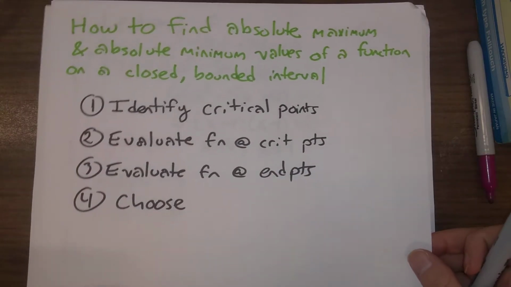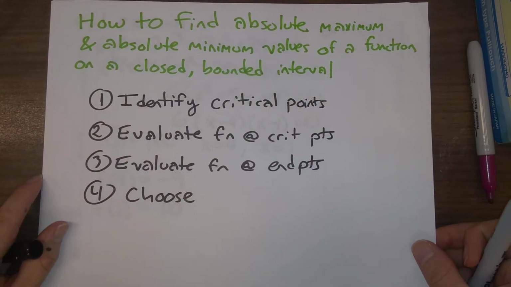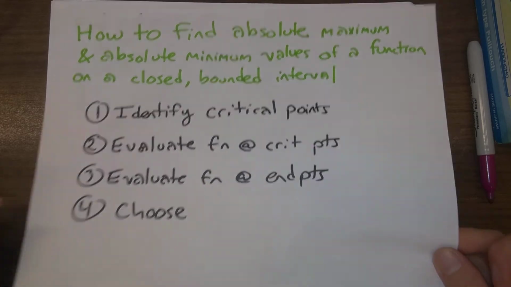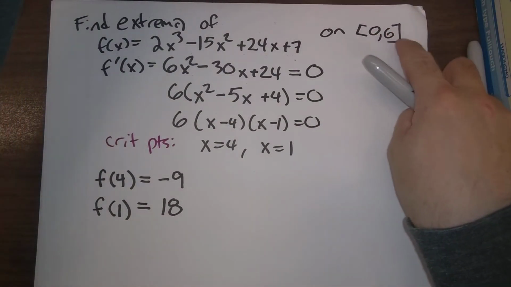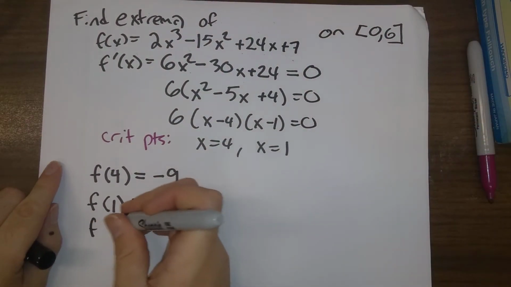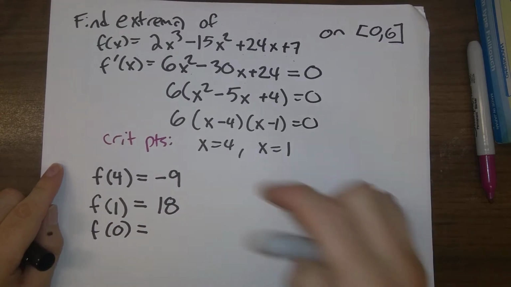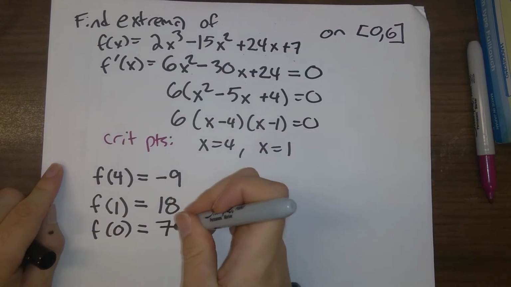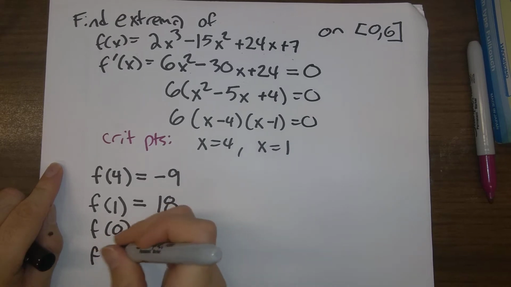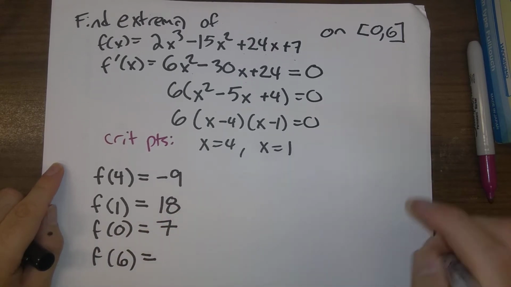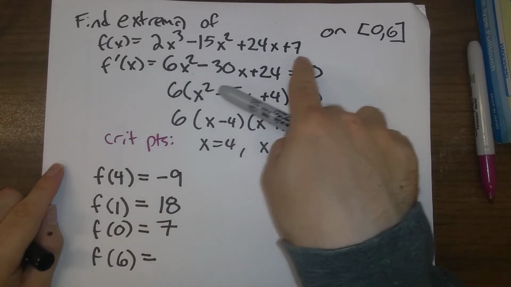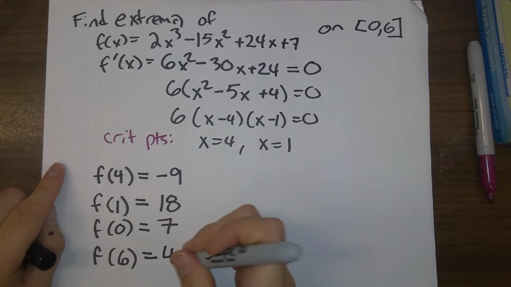But we can't just limit ourselves to the critical points. We also have to evaluate the function at the endpoints here. So our endpoints are 0 and 6. So f(0), plug 0 in here, we get 7. And our other endpoint is 6. Plug 6 in here, we end up with 43.